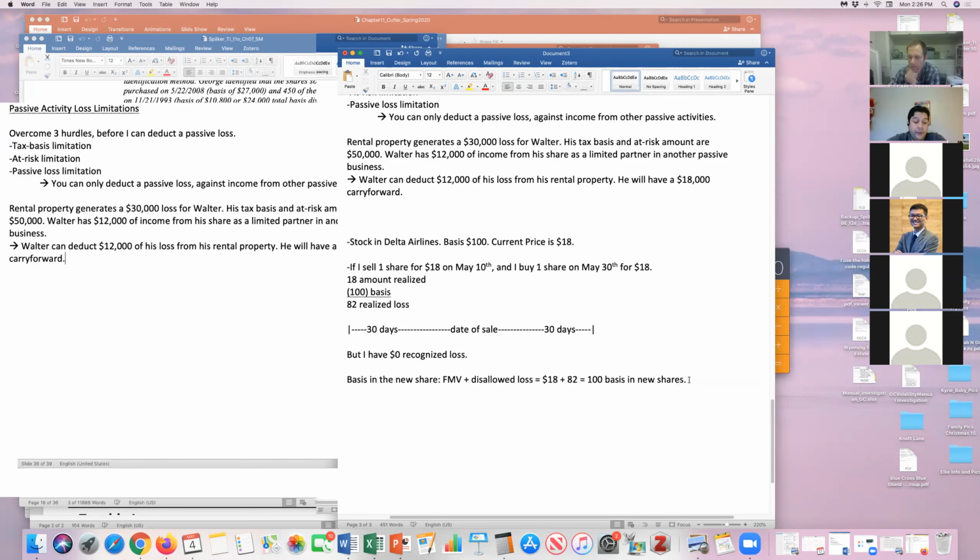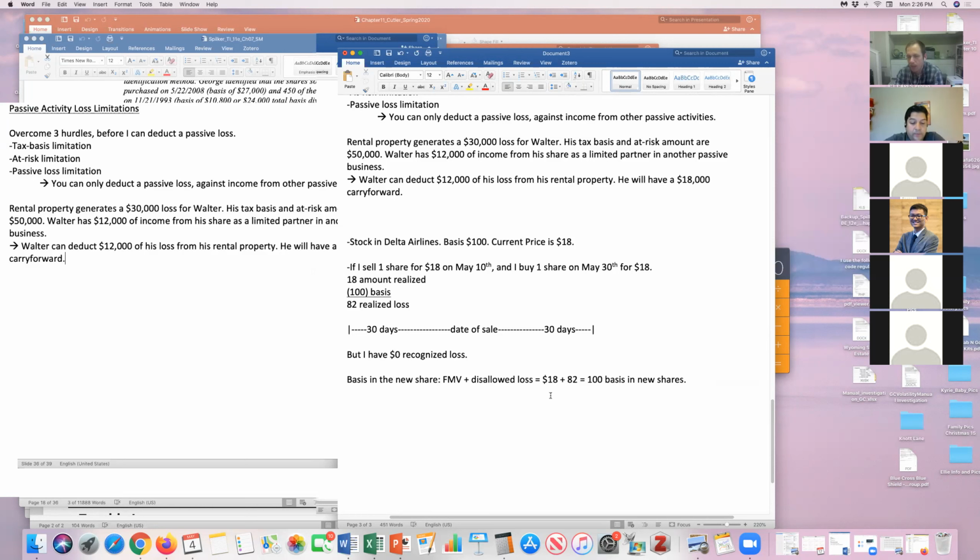It gets harder if I sold all my shares and only replaced some of them. We had an example like that, and you basically just want to split it. In our example, there were 100 shares and he sold 100 shares, but then bought back 50.